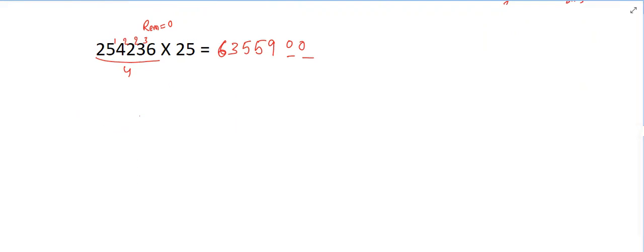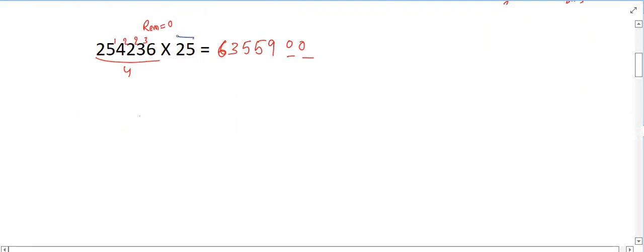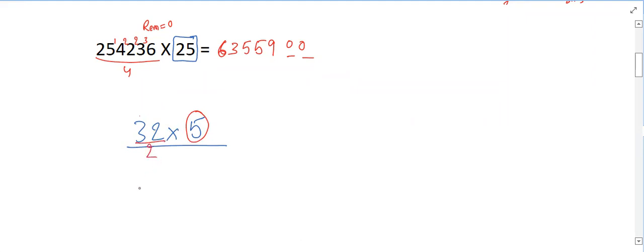Shravani, instead of multiplying by 25, what can we do? Let me take a small number like 32 into 5 first. 32 into 5. What I told, we don't want to multiply this number by 5 directly. So instead of that, we can divide it by 2.